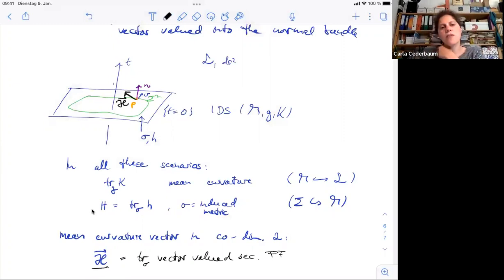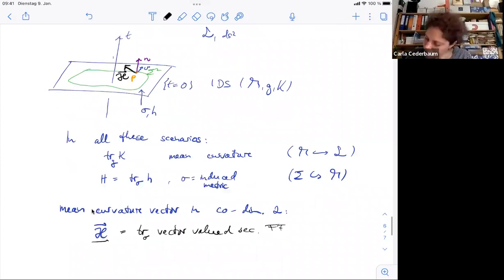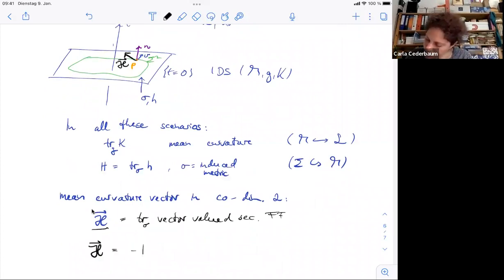So this is now a 4-dimensional vector, so a vector whose length I can measure with respect to the Lorentzian metric at this point P, telling me something on average about the extrinsic curvature of this 2-dimensional surface inside the space. And it's a pretty straightforward computation to show that this mean curvature vector can be decomposed as follows.